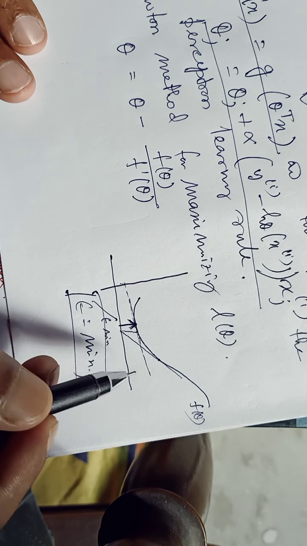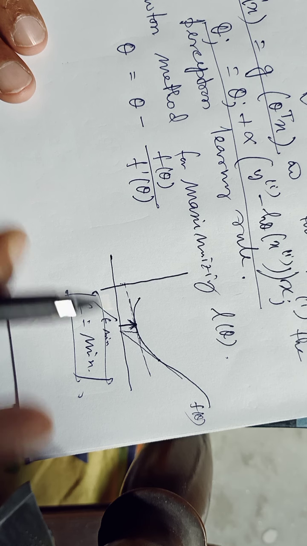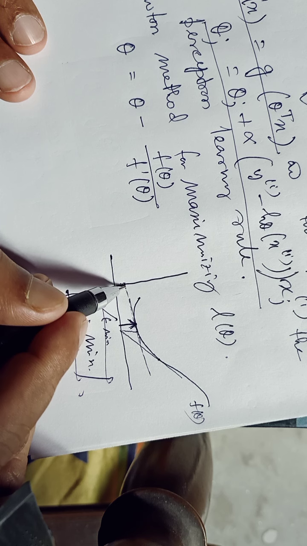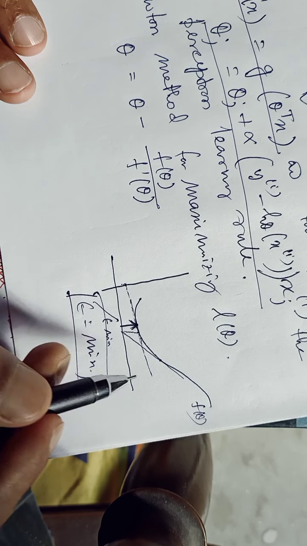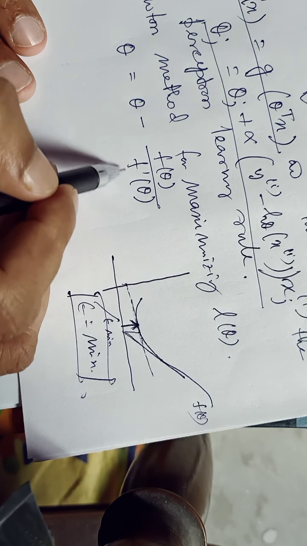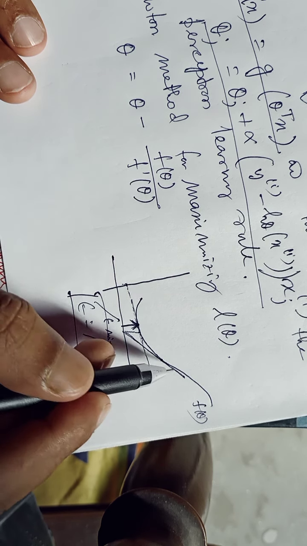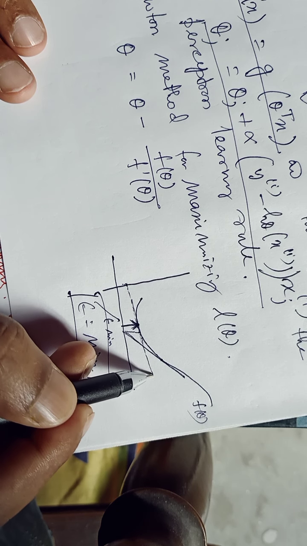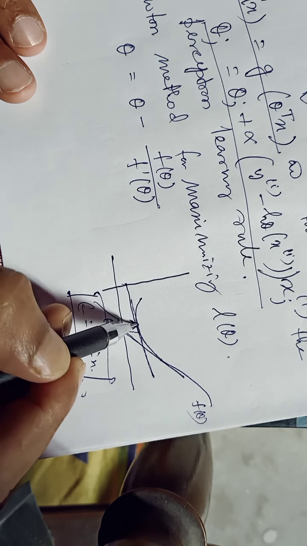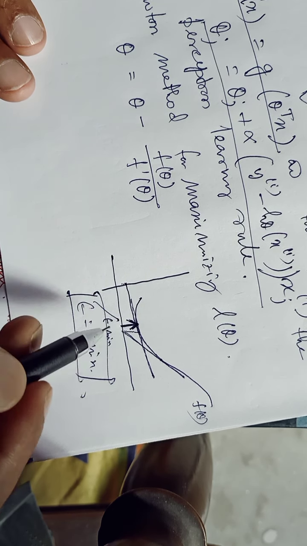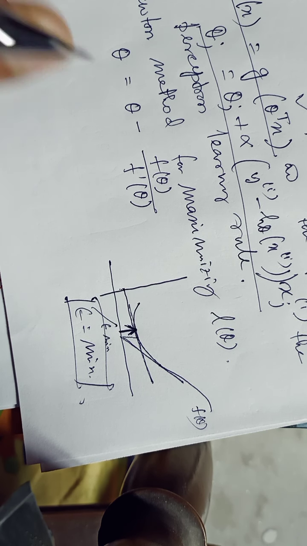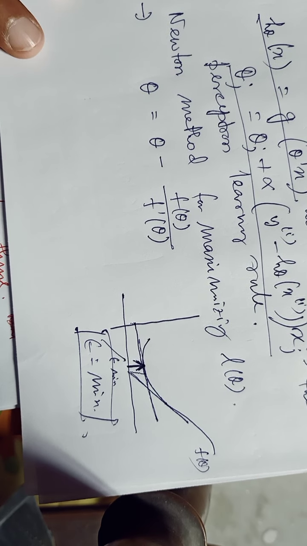Those who are interested, just go through the numerical problem or any book on numerical solutions. Okay, just check it once. But the thing is that if I draw the tangent, we get f theta by f dash theta, and after a few iterations we will get the minimum value. This is known as the Newton method, and the generalization formula is known as the Newton-Raphson method.